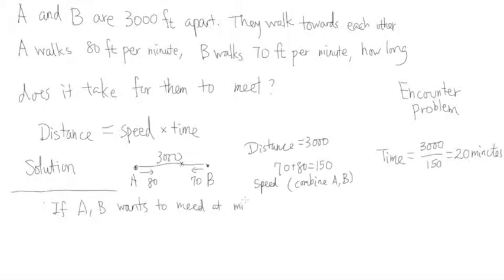So B is slower, so how to accomplish that? Well, clearly B just needs to have an early start. They cannot leave at the same time. So B needs to have a head start. B needs to start a little early. How much earlier?